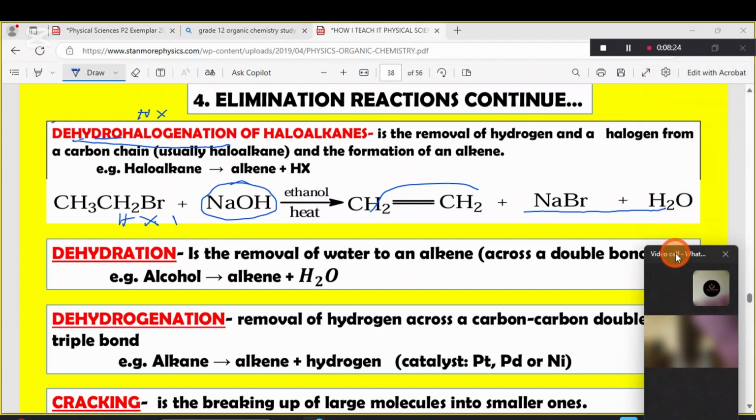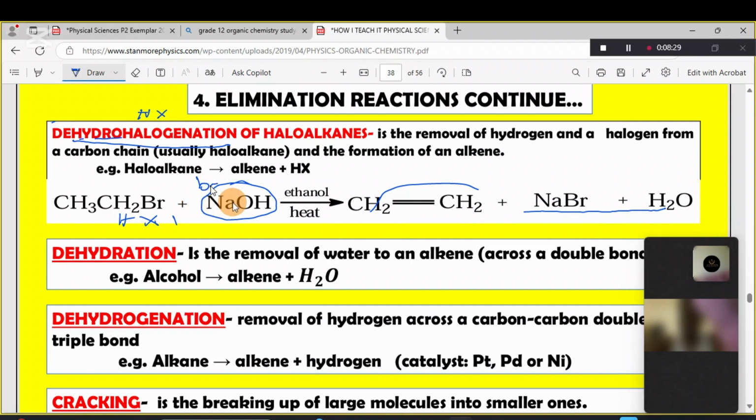Remember, the reason why we added this base, which one? This, the NaOH. Remember, anything OH is a base, right? The reason why we added it in this case is, remember, anything HX is an acid. So we don't want to end with an acid in our products. That's why we have a base, so that the base can react with the acid, and then this one takes the X and that one takes the H and becomes water.